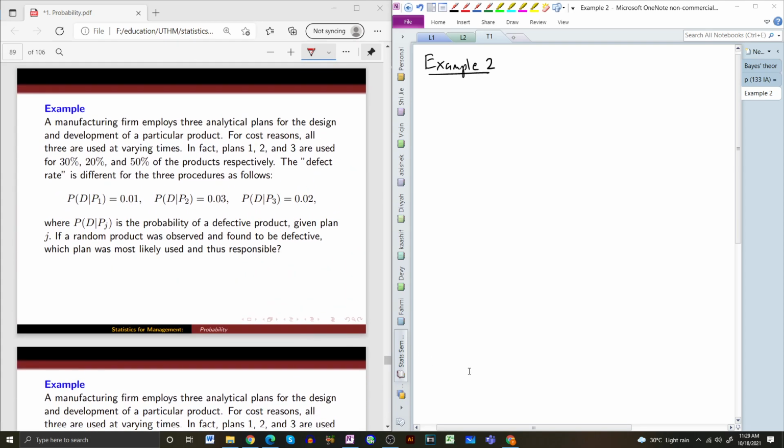A manufacturing firm employs 3 analytical plants for the design and development of a particular product. For cost reason, all 3 are used at varying times. In fact, plan 1, 2, 3 are used for 30%, 20%, and 50% of the product respectively. The defect rate is different for all 3 procedures.